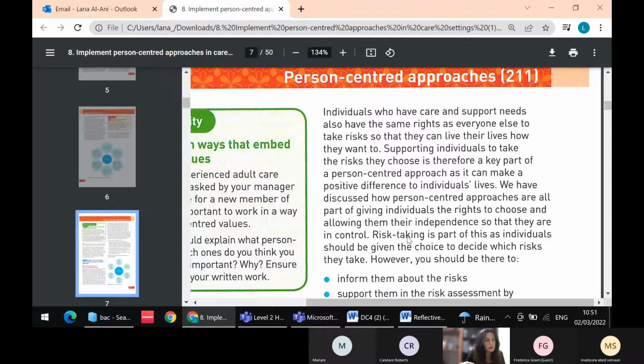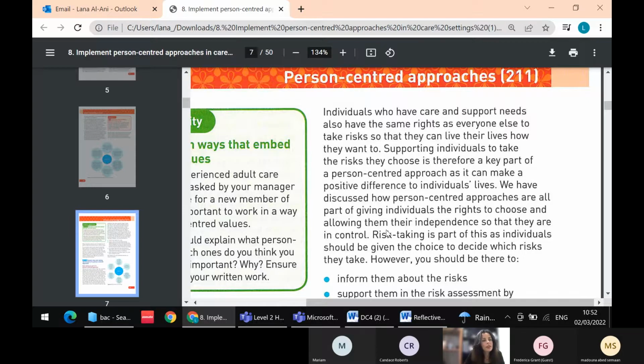When you see them moving towards crossing the street, and you think the traffic light is not going to go red anytime soon, it's still green, you should speak to them, because you are a very important person for your client. In the person-centered approach, you focus on their wishes and needs, but you need to think about the risk you're taking.